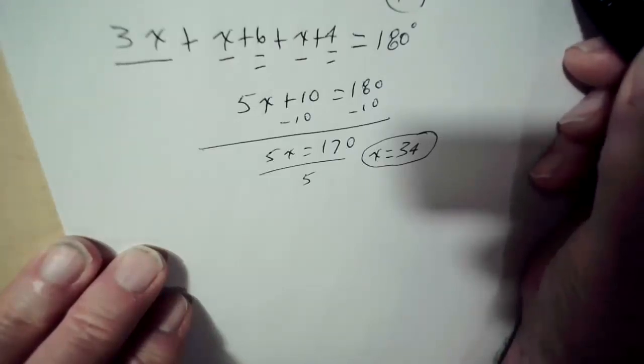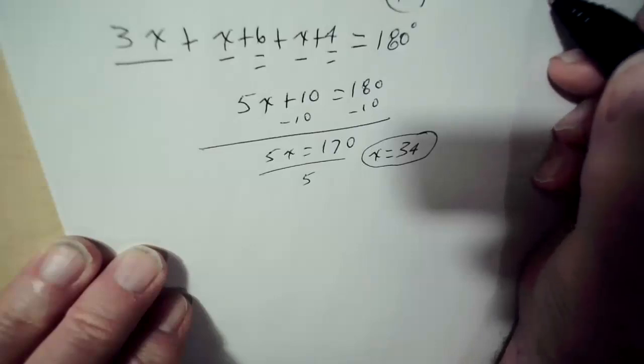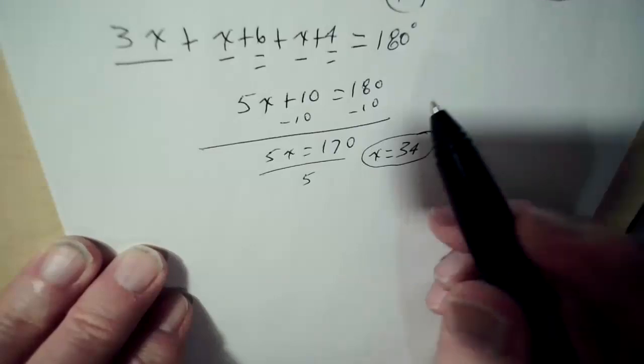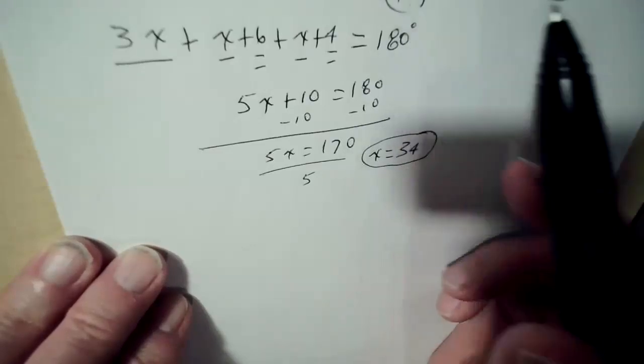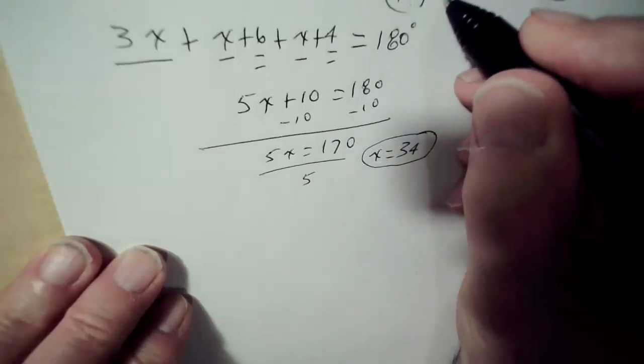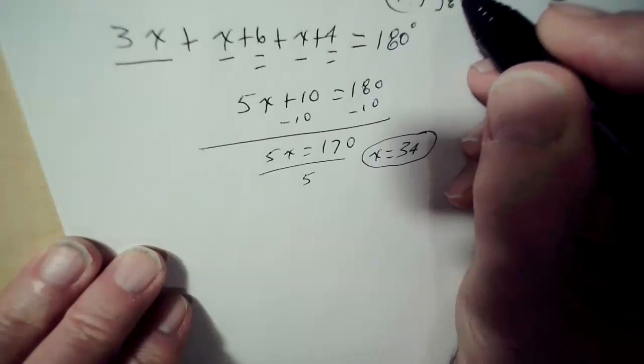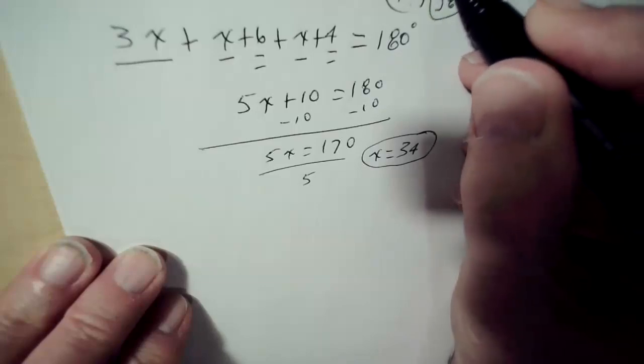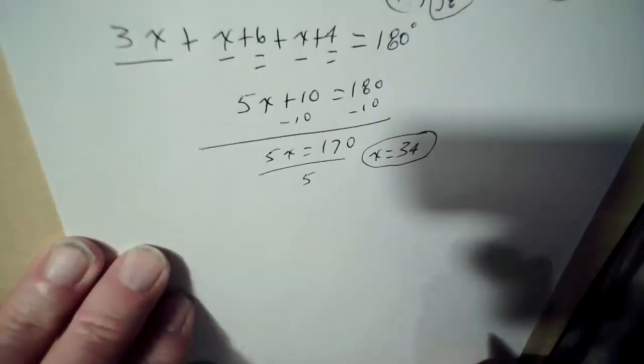This one's x plus 6. So x is 34 plus 6 is 40 degrees. And this one's x plus 4, which is 34 plus 4 is 38 degrees.